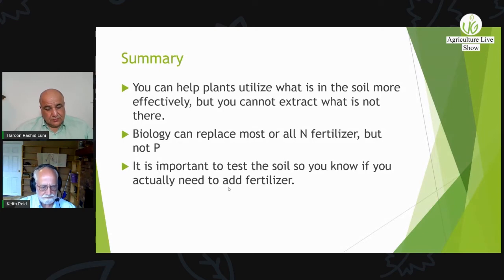Adding lime, raising the pH up closer to a neutral value can release phosphorus from that soil, make it more available to the plants. So you may not need to add the fertilizer if you can get to the same place with liming. But again, only if it is an acidic soil. That's the end of my presentation.